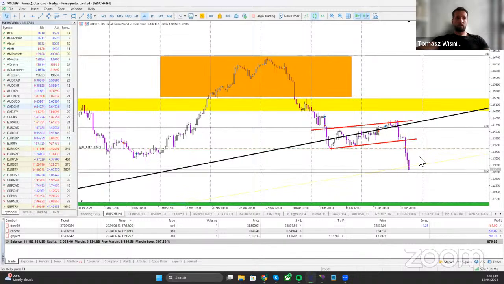Most probably we're going to have some correction and then another drop. Most probably it is going to look like this. We are about to find out, of course. But again, you can see this is a clean and simple approach.